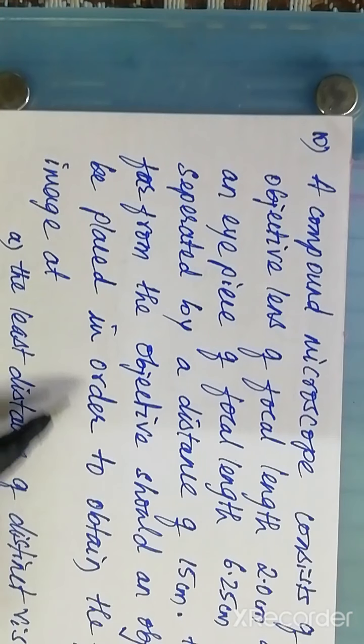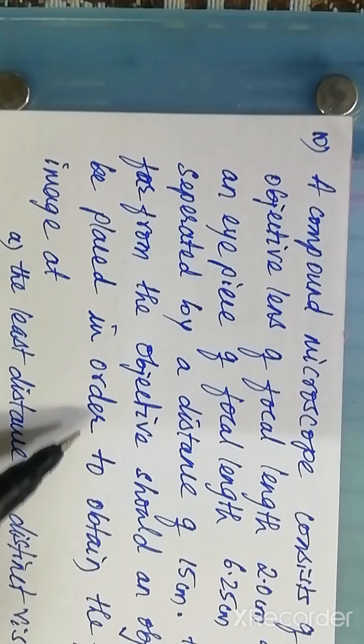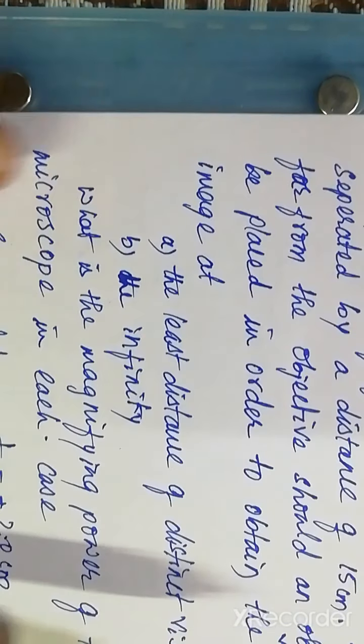How far from an objective should an object be placed in order to obtain the final image at the least distance of a distinct vision, that is 25 centimeter.